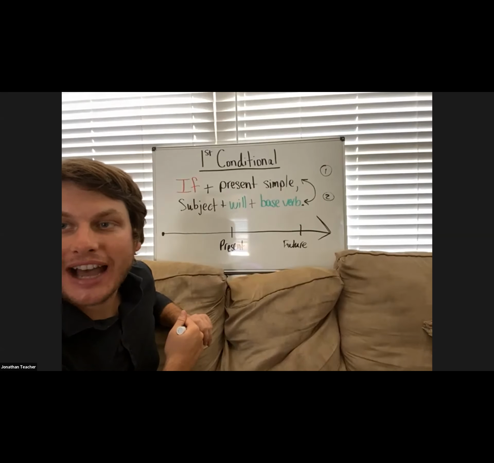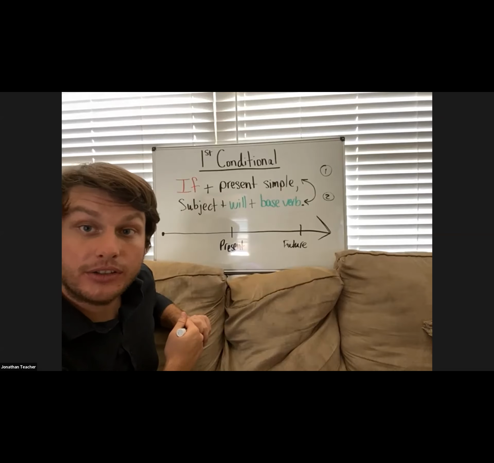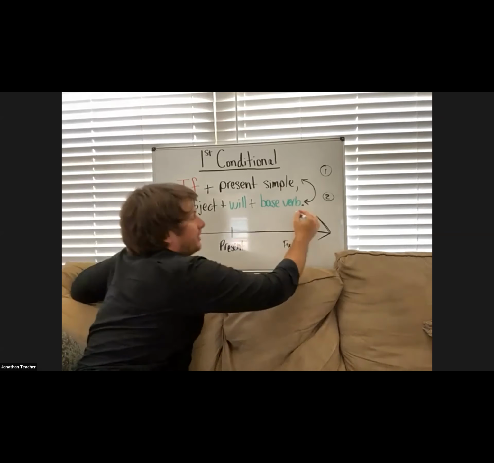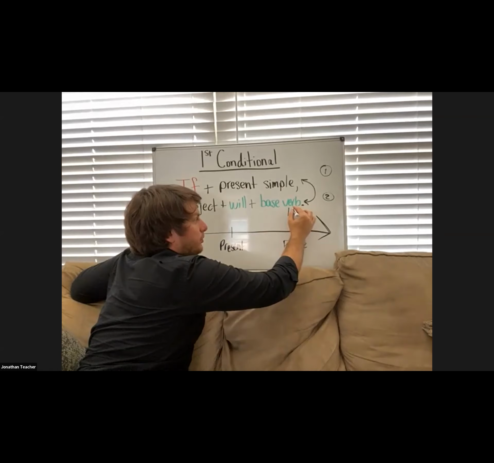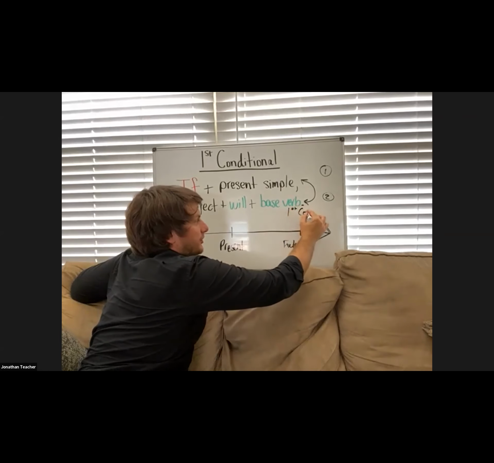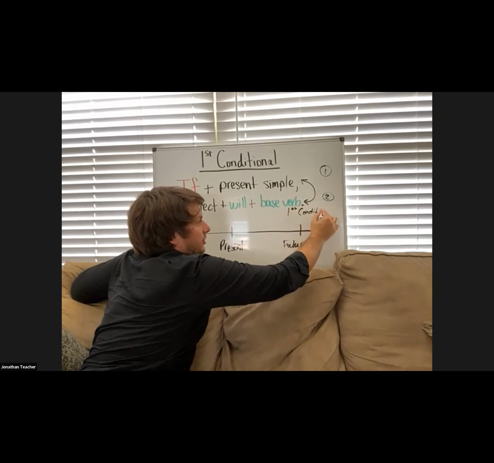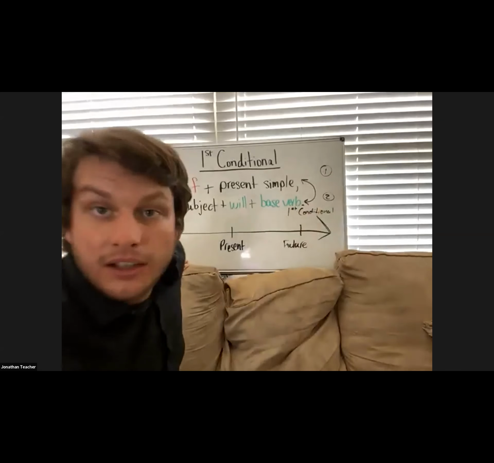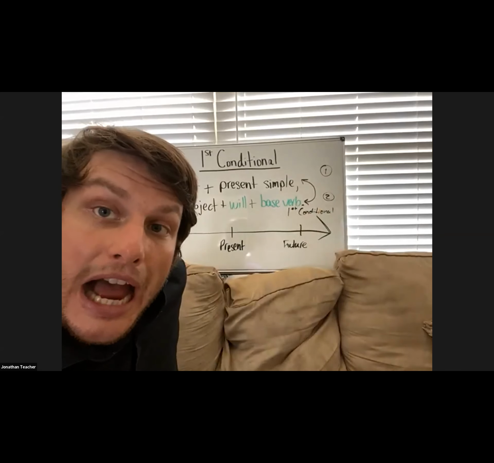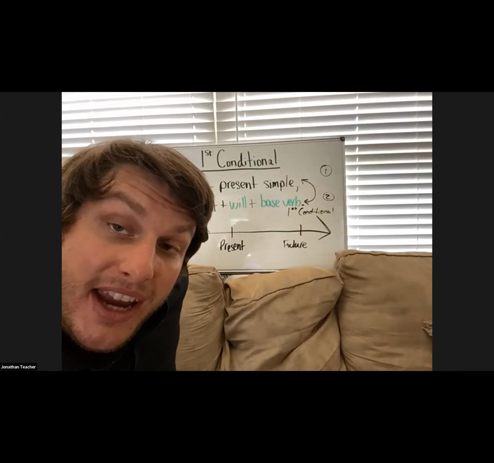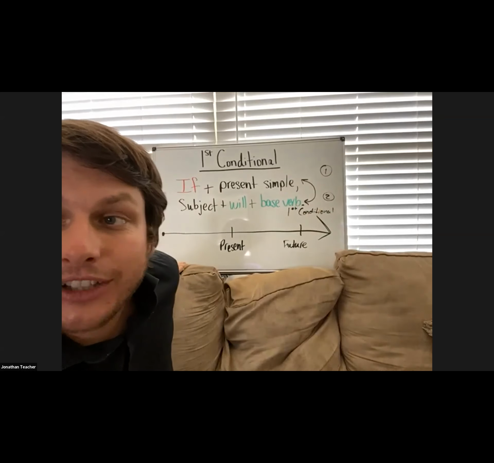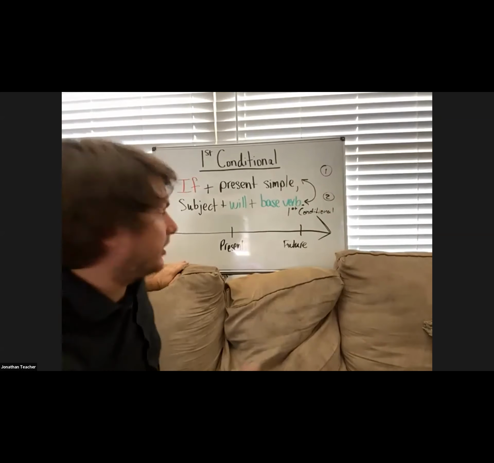Okay, guys. So the last thing I would like to tell you today is think about it, right? The first conditional is the future. If I see you, I will say hello, right? That's first conditional, future.